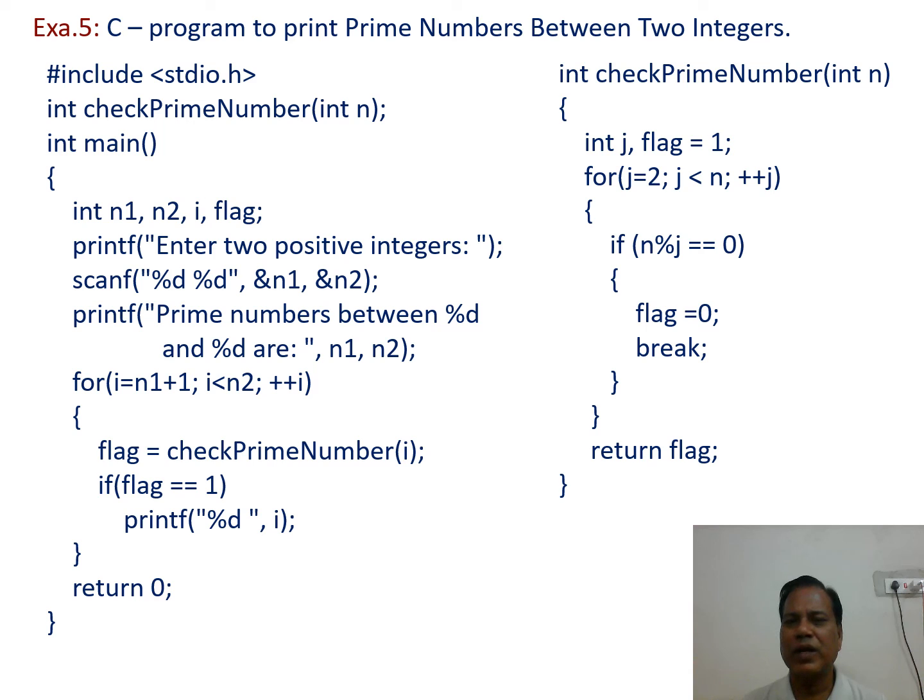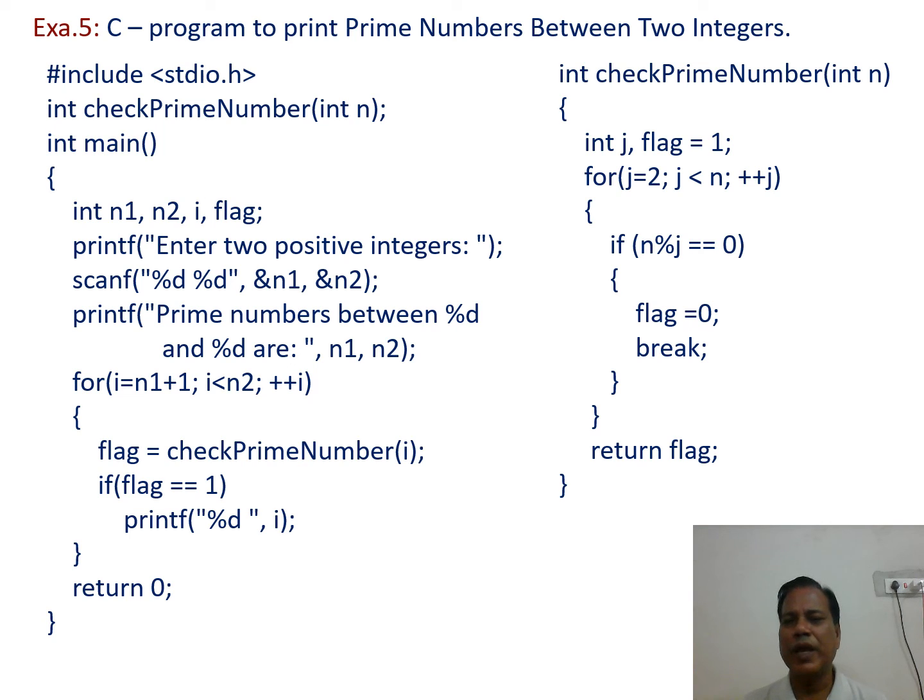Then using the for looping statement, for j equal to 2, semicolon, j less than n, that number is tested.